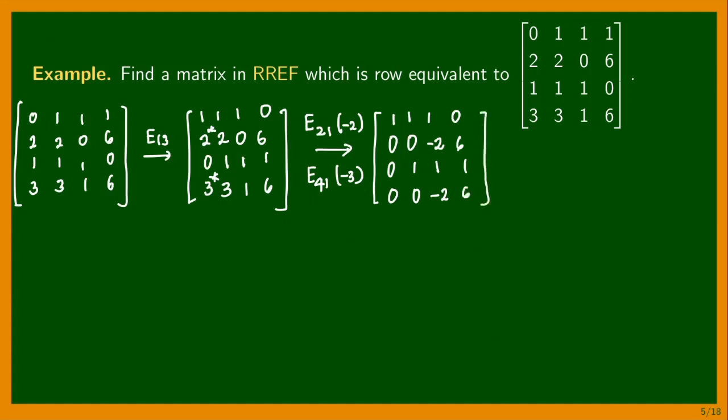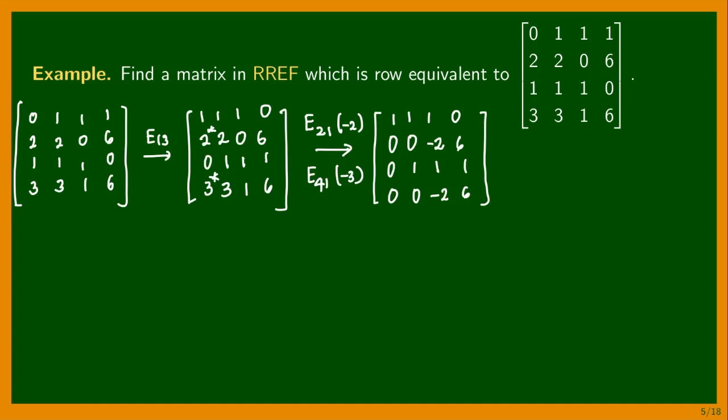Alright, now we have a pivot on the first row. Now the next, because the second row is non-zero, we want to have a pivot on the second row. As you can see, for us to have a pivot on the second row, the first non-zero entry from the left must be a 1.